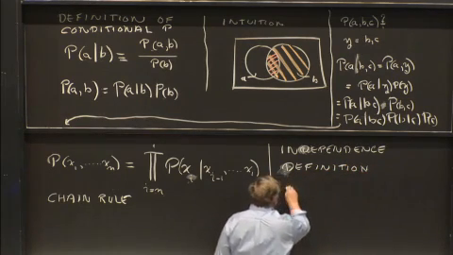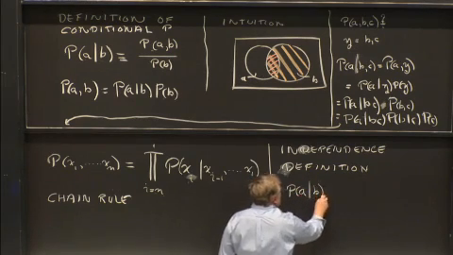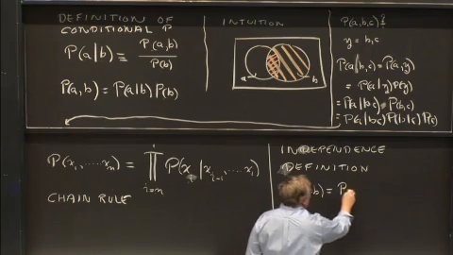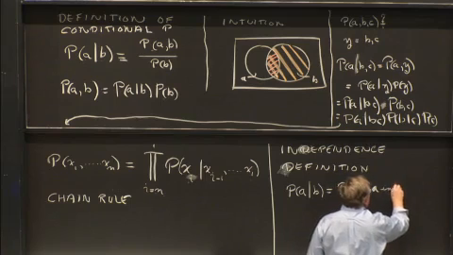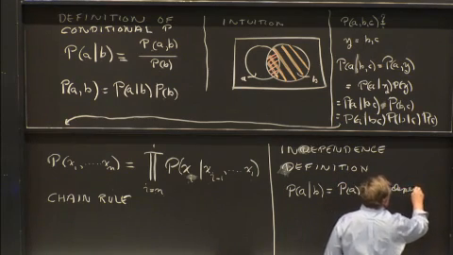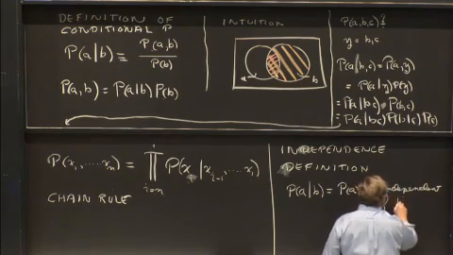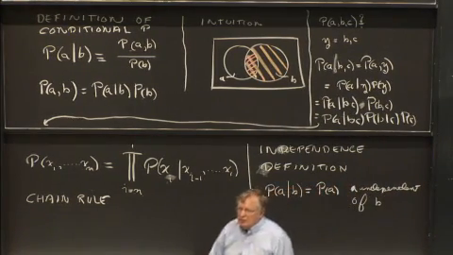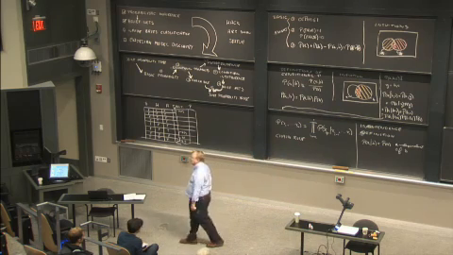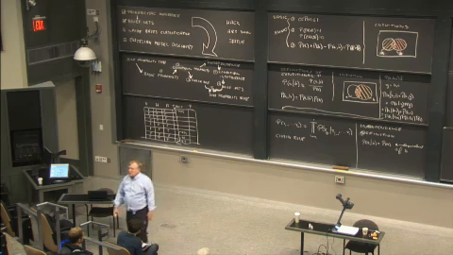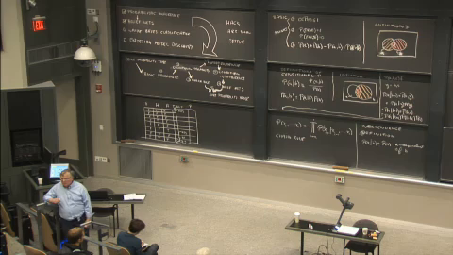We say that P of A given B is equal to P of A if A is independent of B. So that says that the probability of A doesn't depend on what's going on with B. It's the same either way. So it's independent. B doesn't matter.